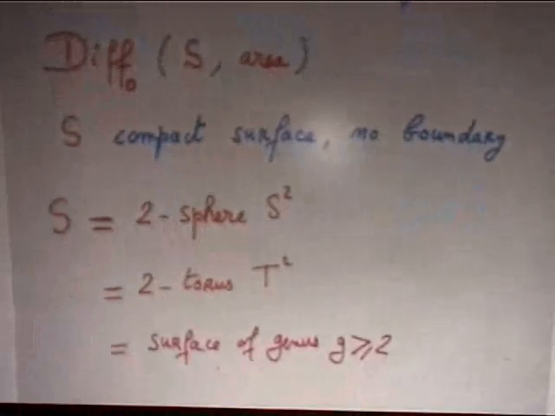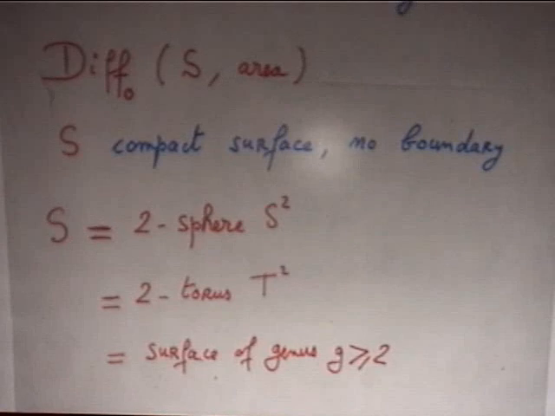The surface could be the two torus, or the surface might have higher genus. So I will not follow this ordering because the first one is the most difficult one. So I will begin by the torus, T2, then I will go to the higher genus case, and at the end of the talk I will say something about the case of the sphere, S2, which is the hardest case, and this is the case that I like most, of course.